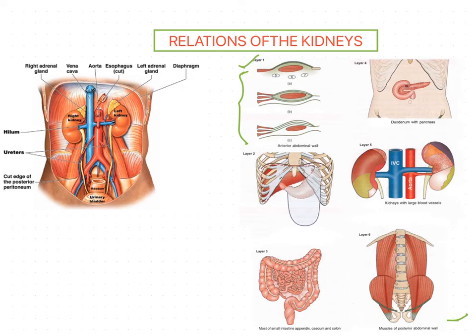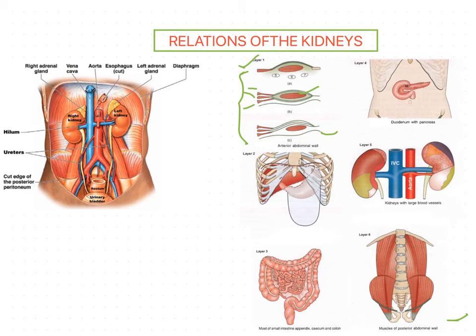What are they? One is the external oblique muscle. Next are the internal oblique muscle and transverse abdominis, and in the middle you have the rectus abdominis muscle, and this layer is the fascia transversalis. All these together form layer 1.